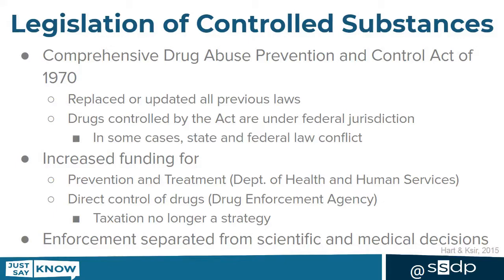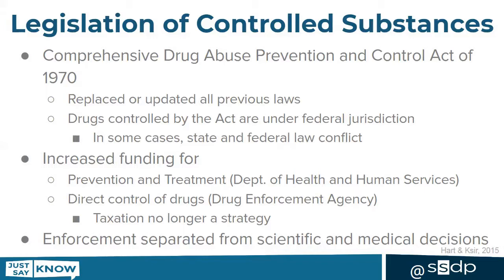So we got rid of mandatory minimum sentencing. We got rid of the death penalty for selling to minors. We were considering the best available evidence, and that started the scheduling of drugs. So using actual scientific evidence, we were scheduling drugs, right?